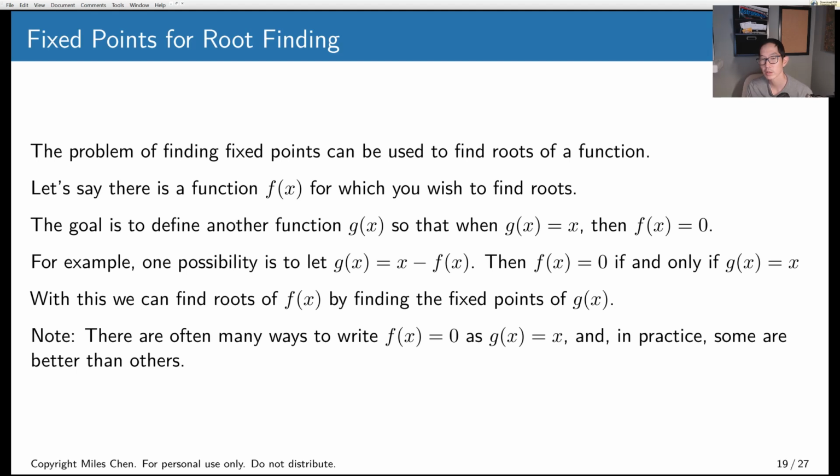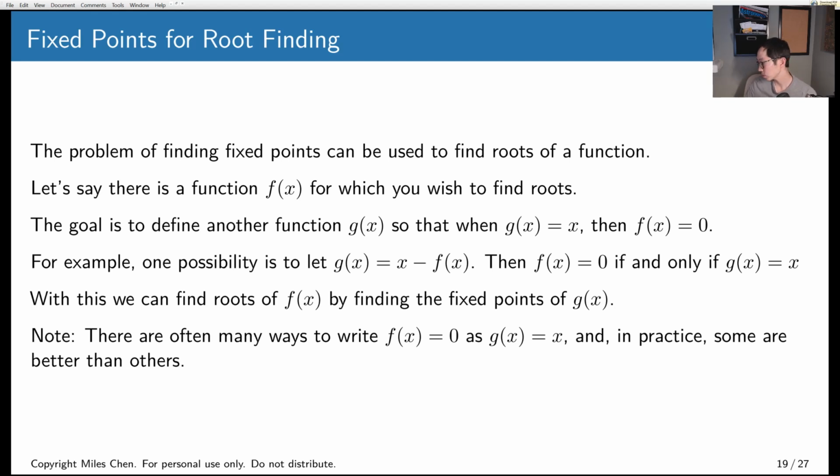We have to figure out another function, g, so that when g of x is equal to x, it's also the same location where f of x is equal to 0. We need to find another function g so that the fixed point of g is the same as the root of f.